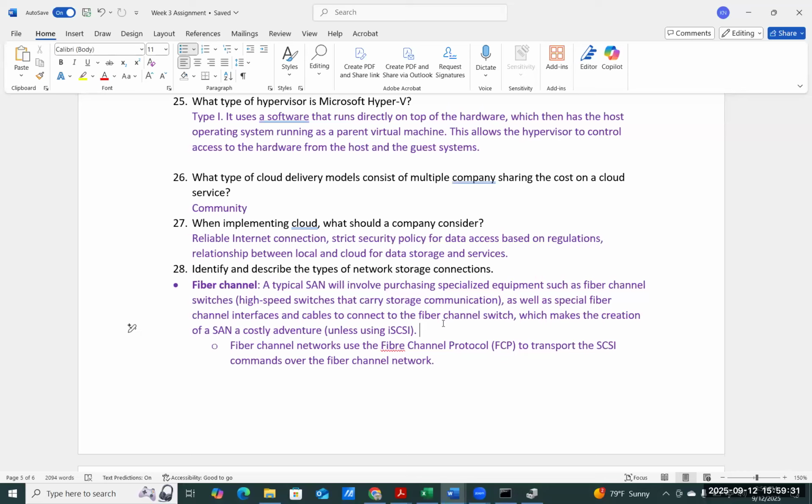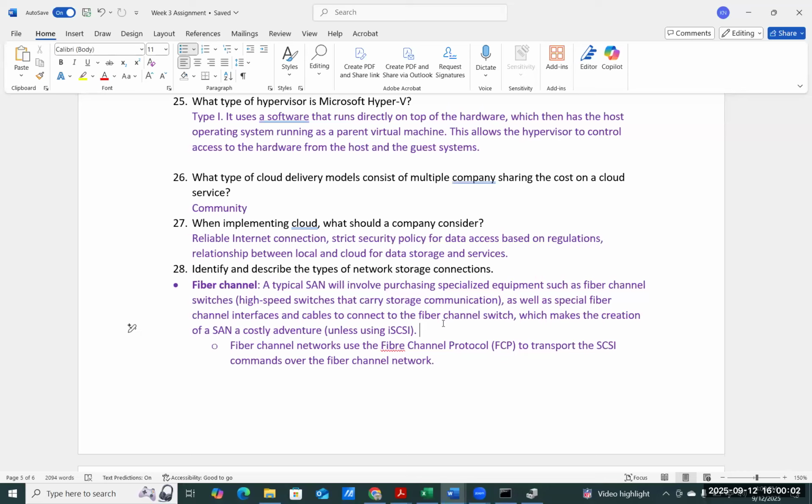And then you need to make sure that you have the cable so you can connect it. You have to have the appropriate cable for that switch, which is why it is costly to implement SAN. You don't have to write everything here, but basically it uses FCP to transport SCSI commands. FCP is just an acronym, and it allows SCSI to be carried over the fiber network.